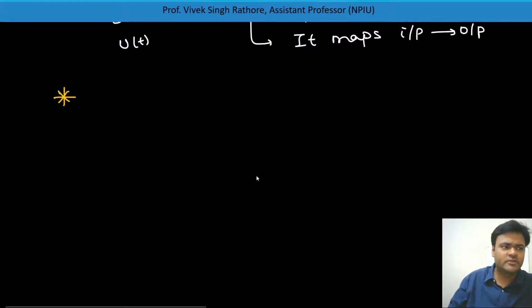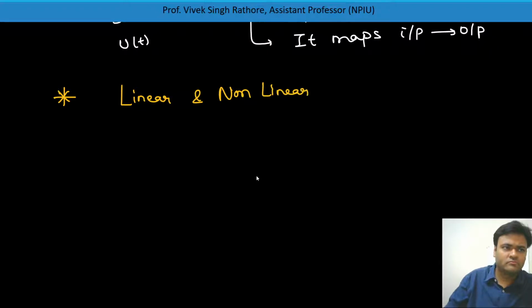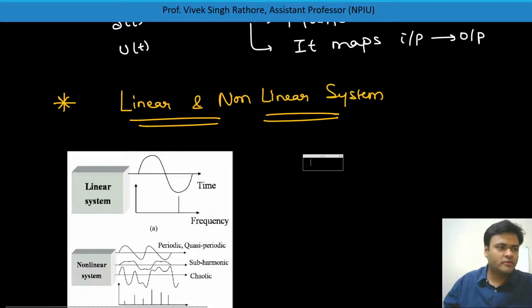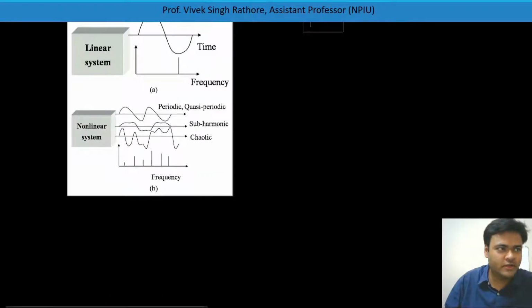The first type of system is linear and non-linear system. Linear and non-linear systems, you can see from the figure also.